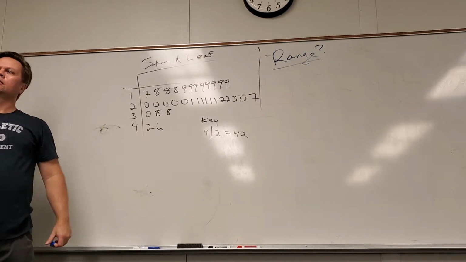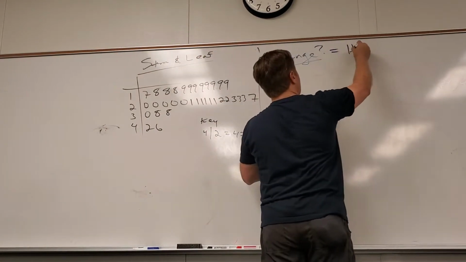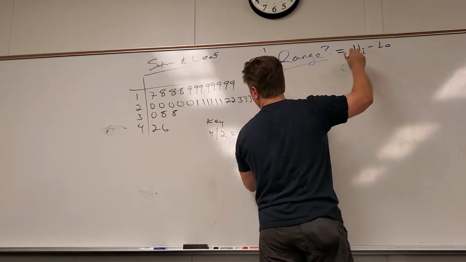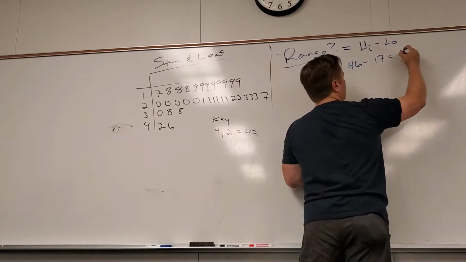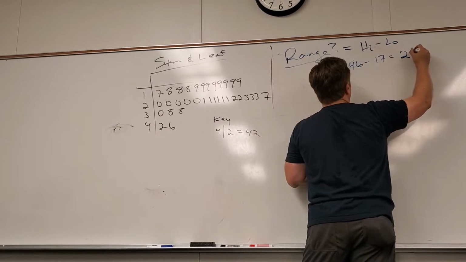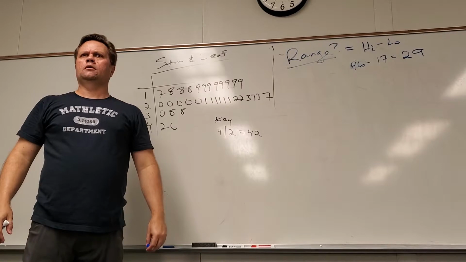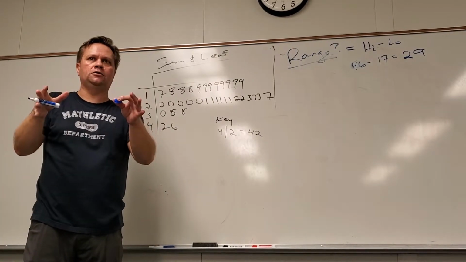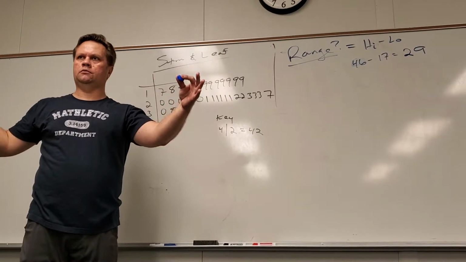It would be 46 minus 17. Yes, I love it. So the range is the high minus the low. So that is the range. The range is always high minus low.